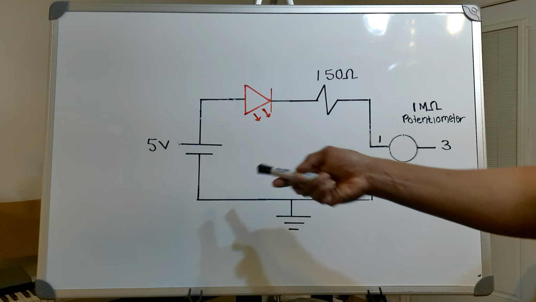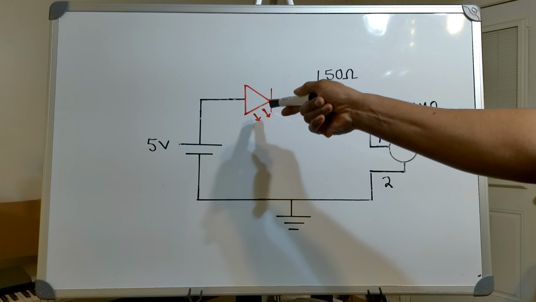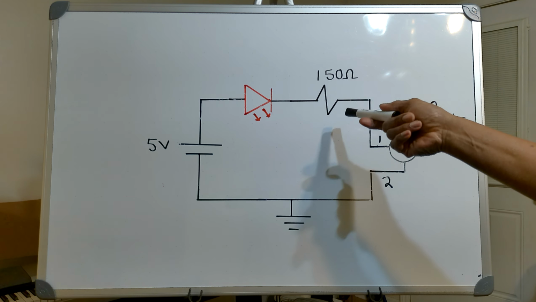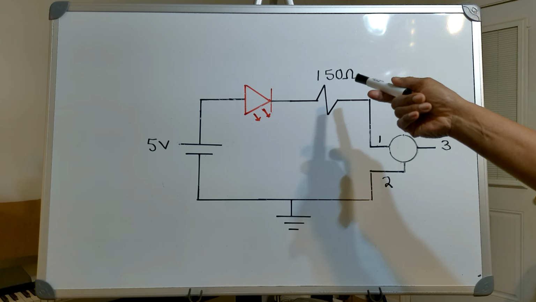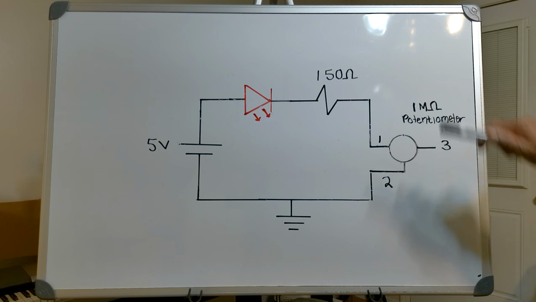In this video, I've got a 5-volt DC source in series with a red LED, in series with a 150 ohm resistor, in series with a 1 mega ohm potentiometer.